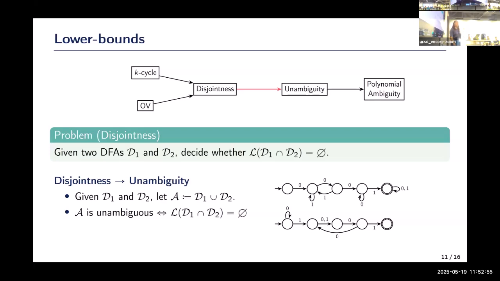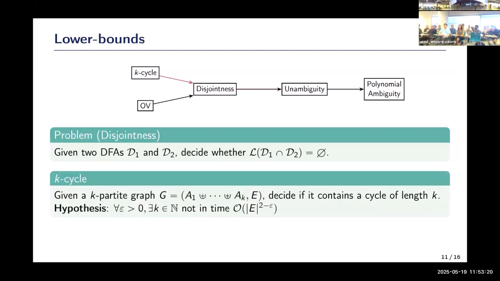So the word is accepted by both. All right, so disjointness reduces to unambiguity by this very simple reduction, but I like this problem because now I have to work with DFAs. So when I reduce K-cycle, for example, to disjointness, now I need to design a deterministic automaton, which is way simpler than designing something that I then need to prove to be unambiguous.